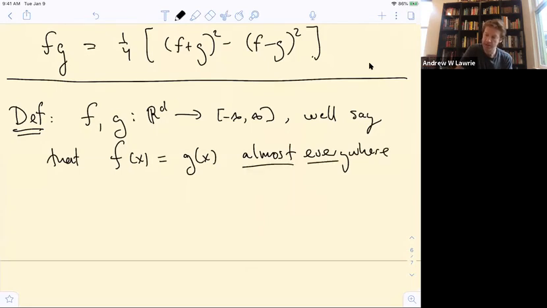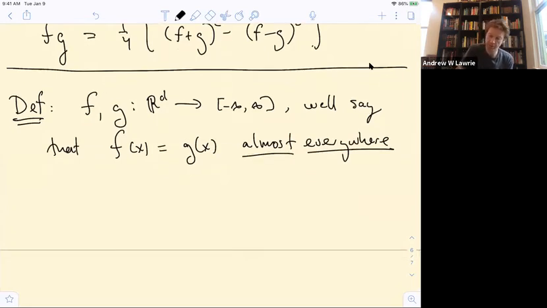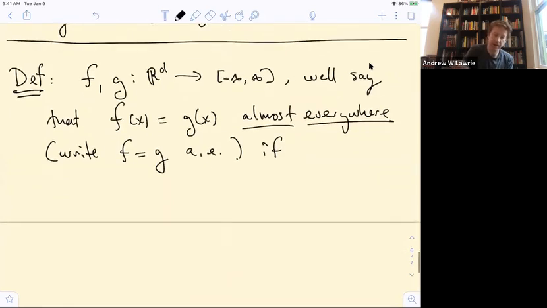So this will now become a technical word. Almost everywhere will become a technical word. We'll write the shorthand f equals g a.e., for almost everywhere, if the set in which they differ has measure 0. If the measure of the set of x in R^d such that f of x is not equal to g of x is 0, if this set is measurable.